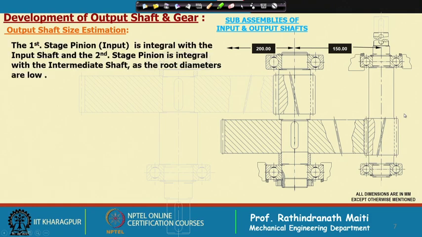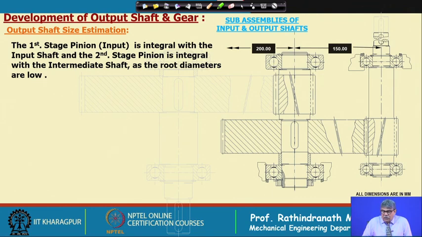Now, we shall first discuss what might be the size of the output shaft. First thing, the output gear is large in size, and it is not required to make this gear integral with the shaft, which was required for the input shaft and the intermediate shaft.